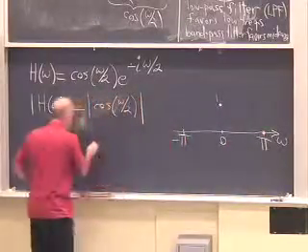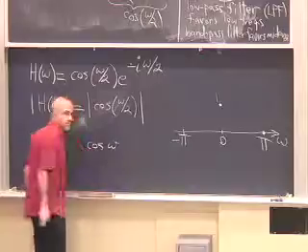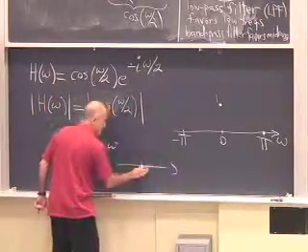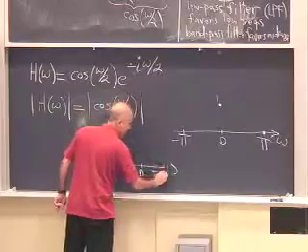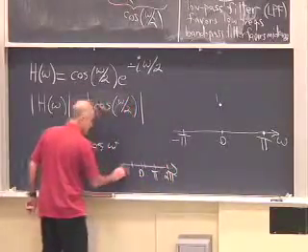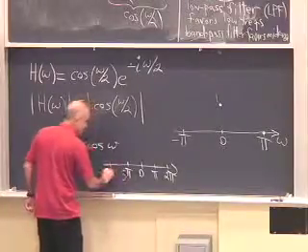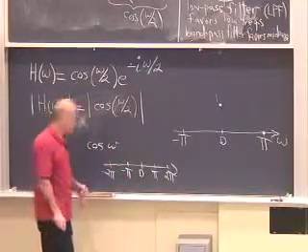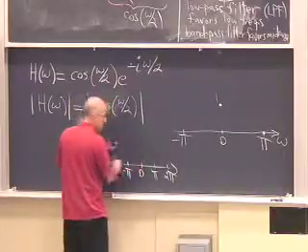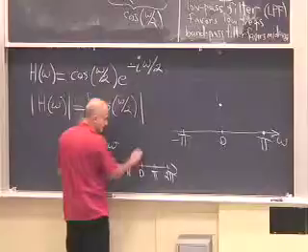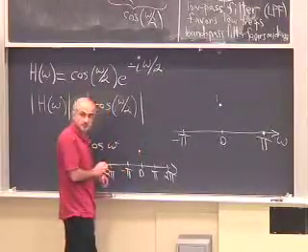If you were to plot just the cosine, what would it be like? 0, pi, 2 pi, minus pi, minus 2 pi. Forget about the absolute value. If you were to plot it from minus 2 pi to 2 pi, what would it be like? At 0, it's 1, you said.